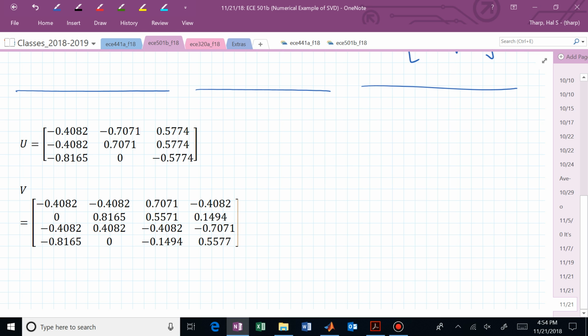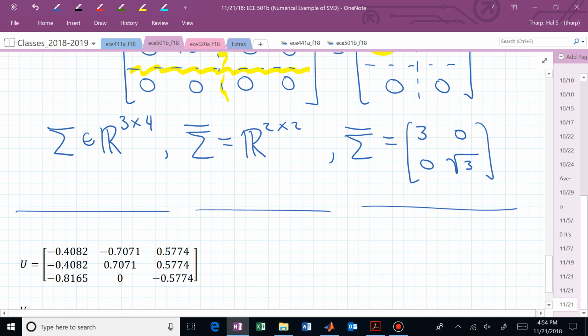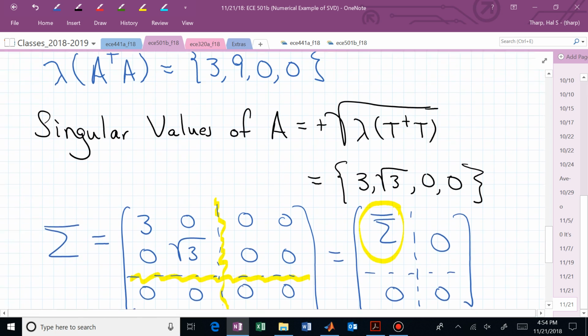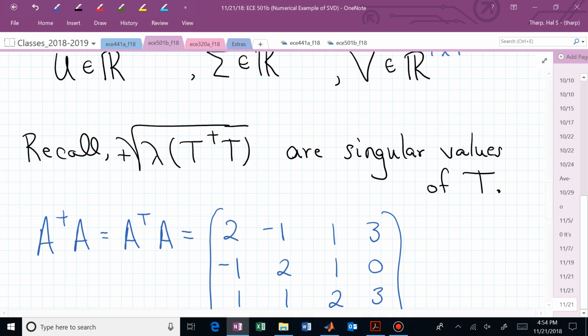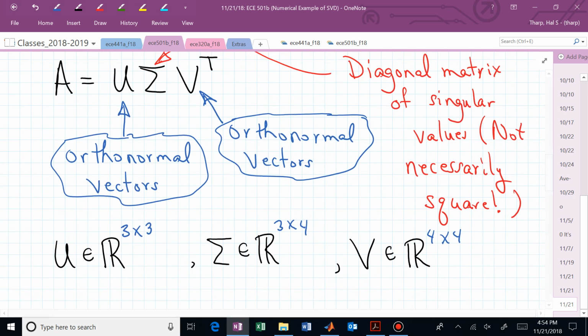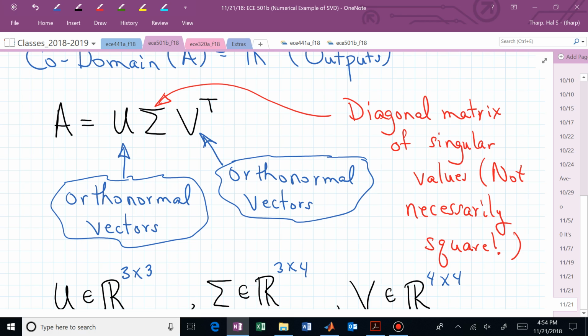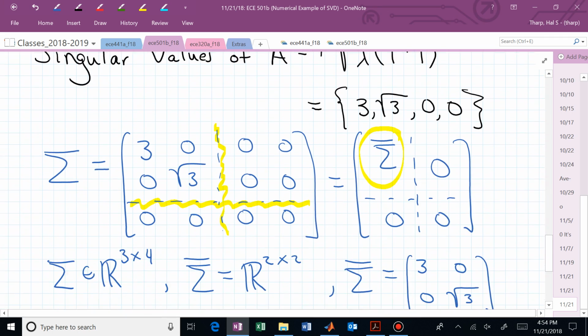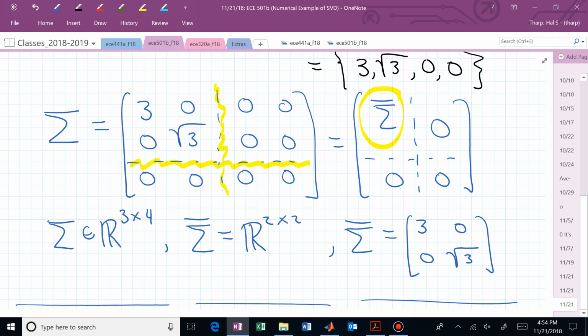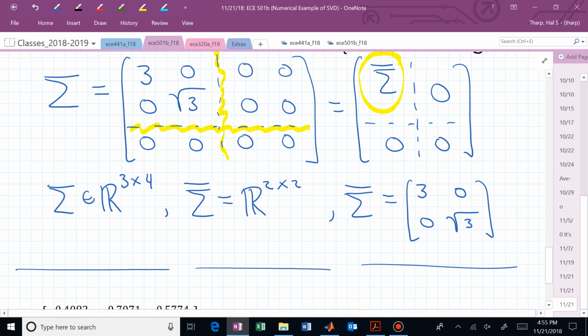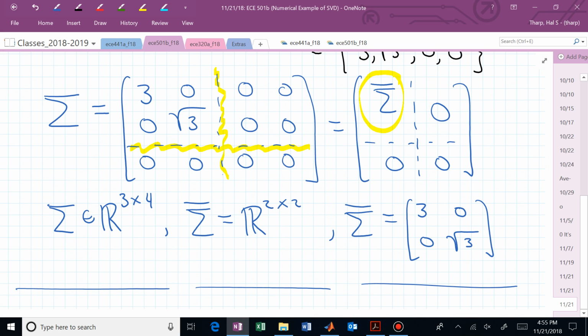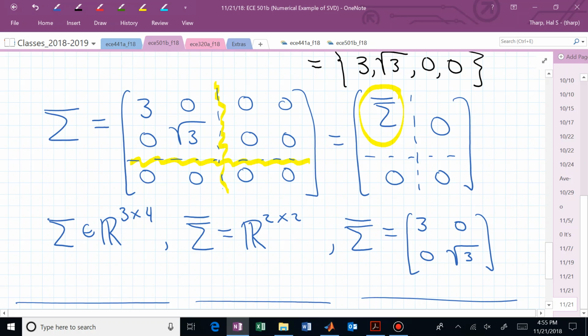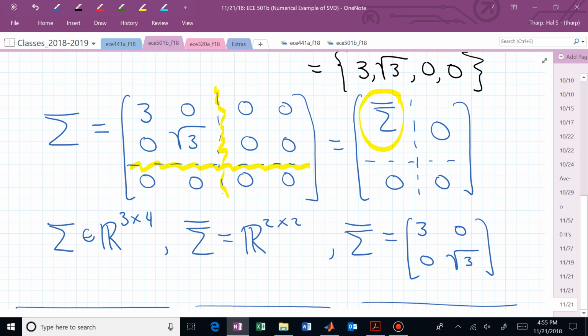But now what we want to do is compatibly dimension or partition U and V with sigma. We know that U sigma V transpose makes up A, but now we have a particular way of breaking up sigma into parts.